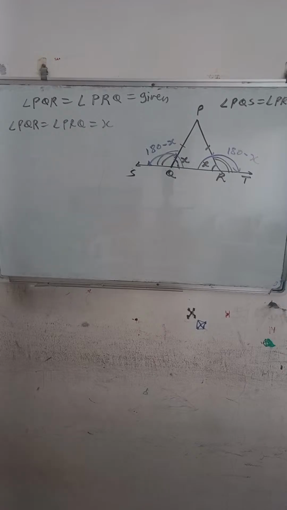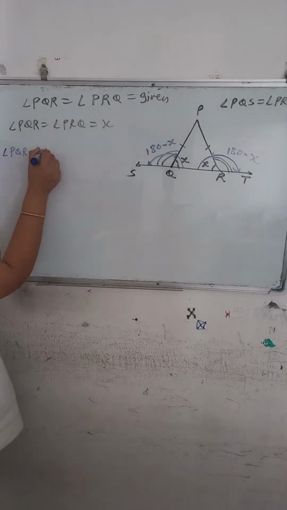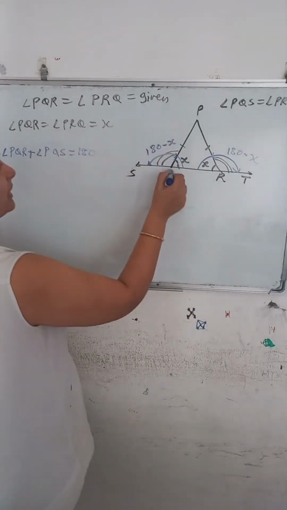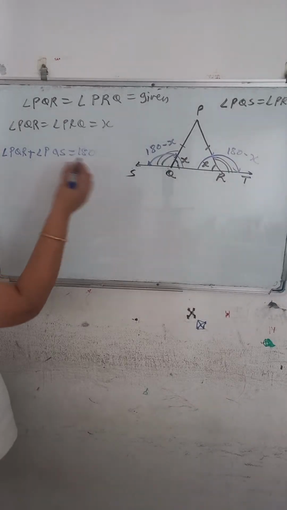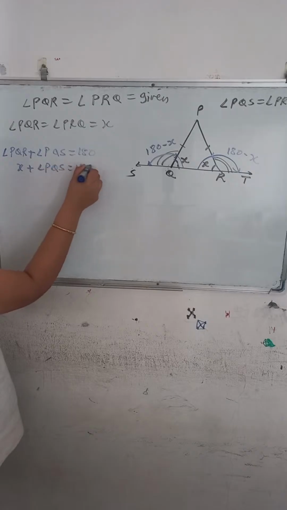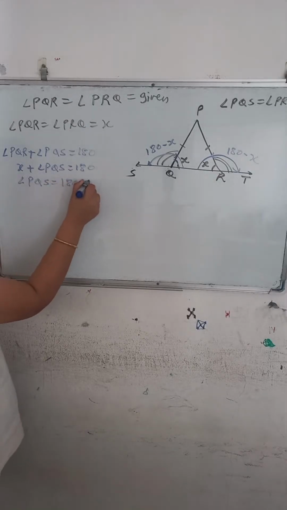So here we can write angle PQR plus angle PQS is equal to 180 degrees. PQR is x here, so angle PQS is equal to 180 minus x.